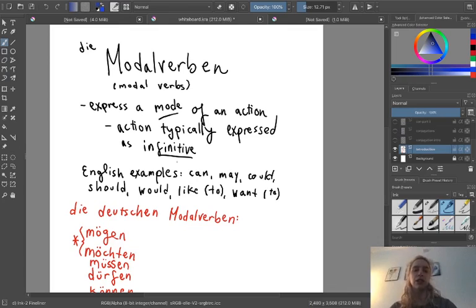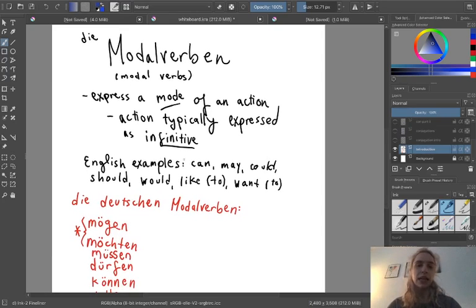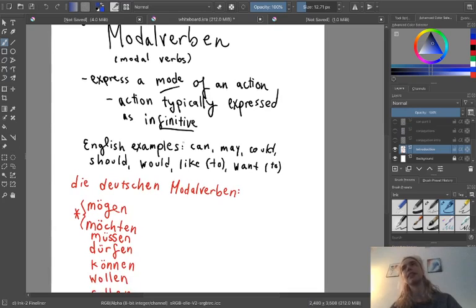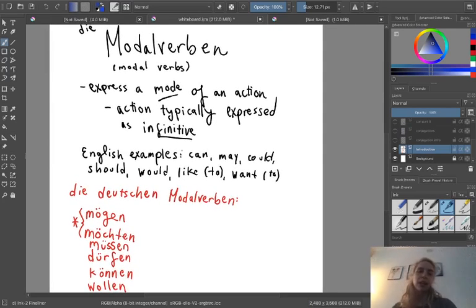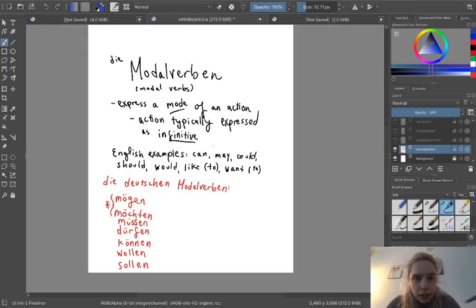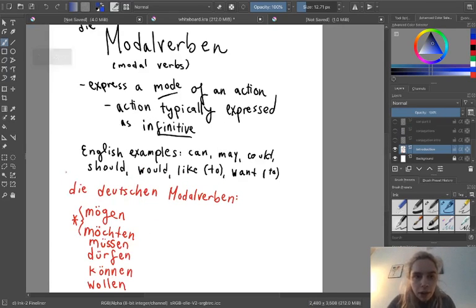And that other action is expressed then as an infinitive, meaning it's not conjugated, and it's the idea of the action. It's happening independent of a subject.